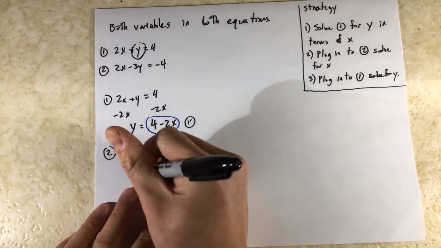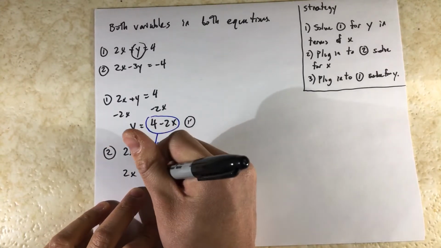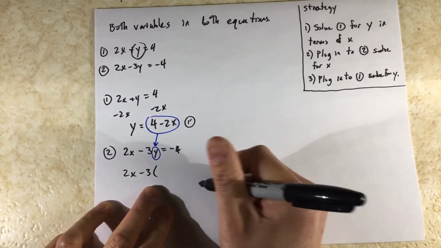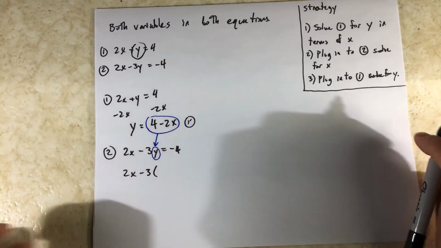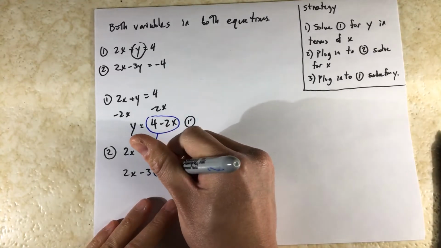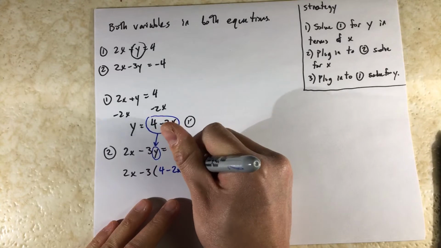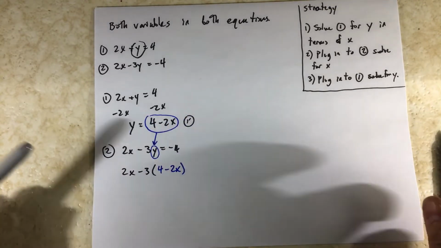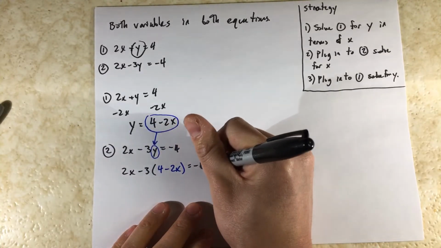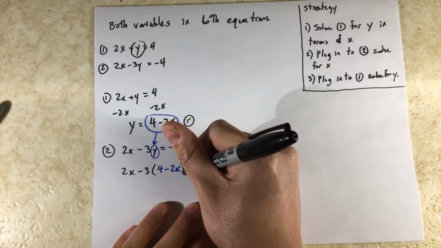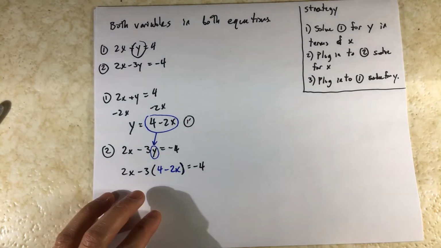So 2x minus 3 times (4 minus 2x) equals negative 4.